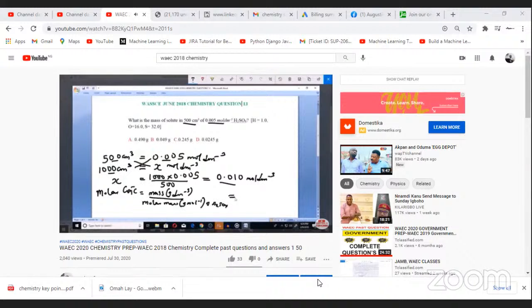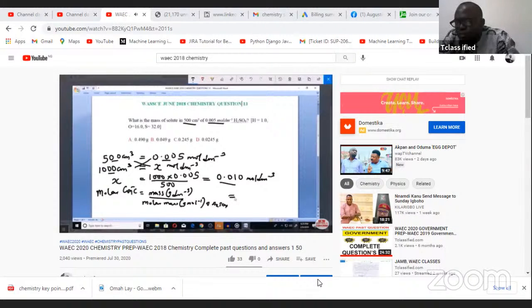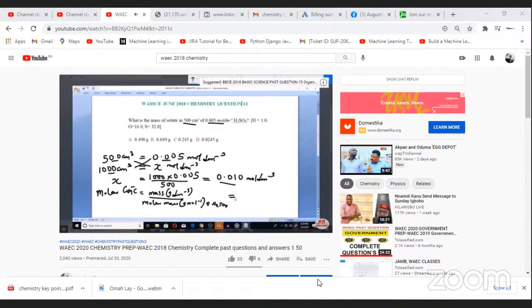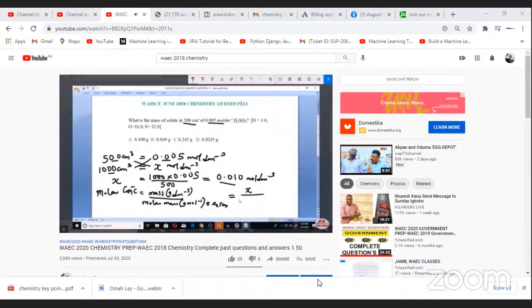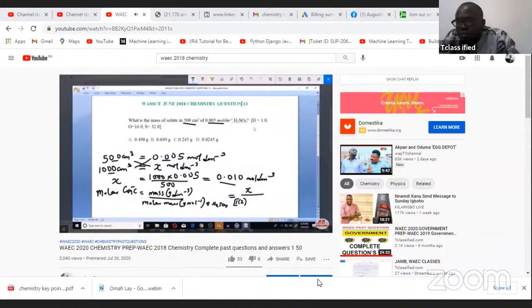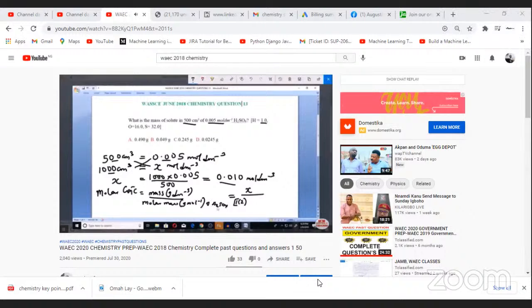The molar mass is gotten by adding 32, 16, and 1, like you do for H2SO4. Since H has 2, you add them all together. It will give you 98. When you cross multiply, you get 0.98 grams. That is for the mass.